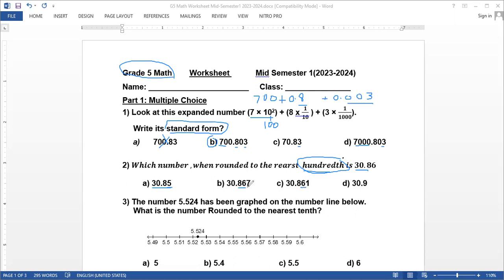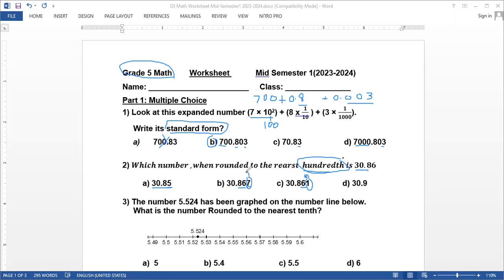But here, I look at the digit on the right of the rounding digit. If the number is 5 or more, don't ignore. But here, the number is 1 to 4, so a small number, they don't give 1 to the rounding digit.